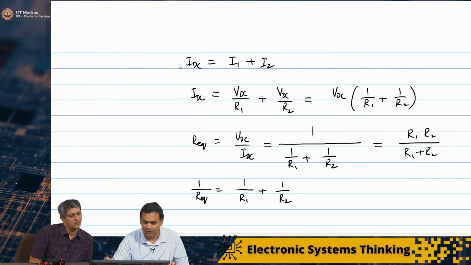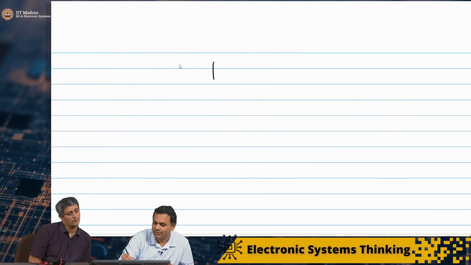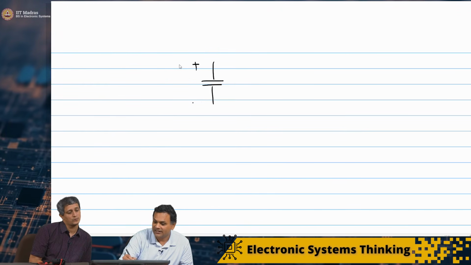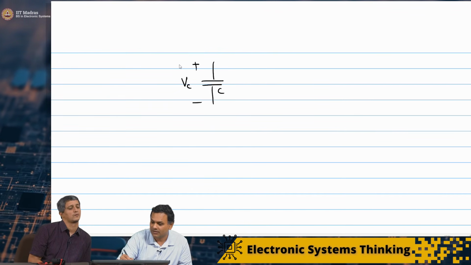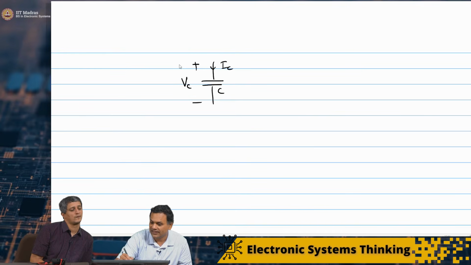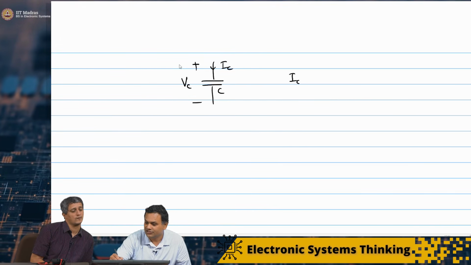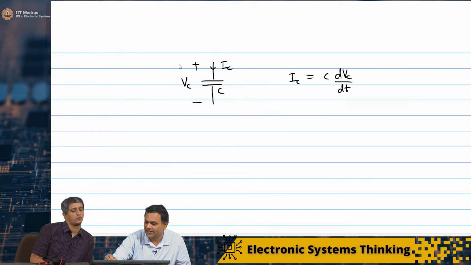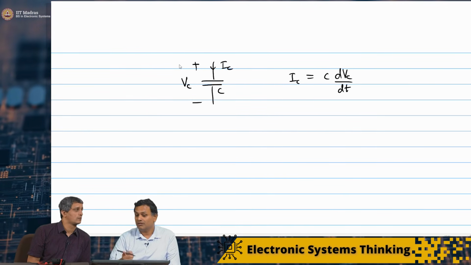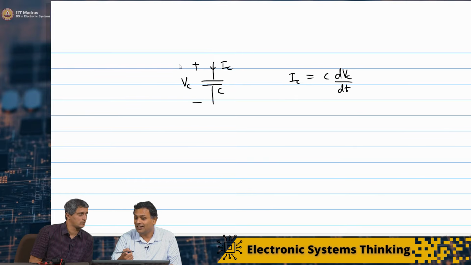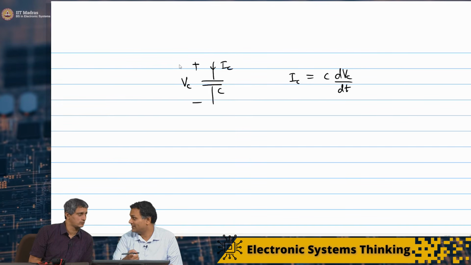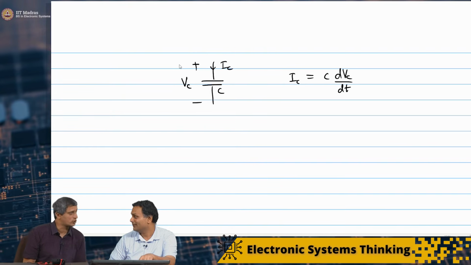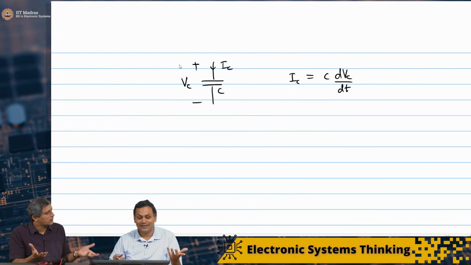If there is a voltage Vc across the capacitor C and a current IC, the relationship is IC is C dVc by dt. There is a current through the capacitor only if the voltage is changing with time. A DC is a constant.